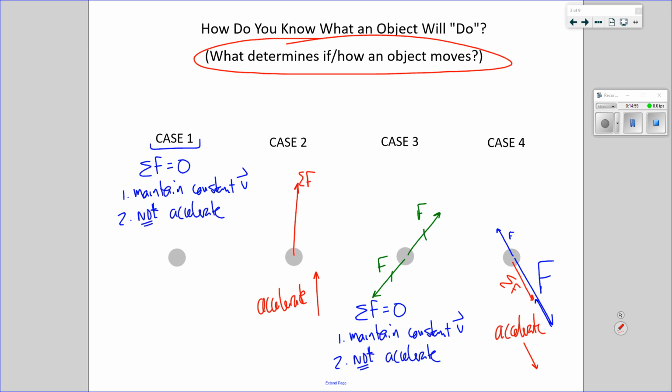If net force is 0, acceleration is 0. If net force is not 0, then acceleration is not 0. And furthermore, acceleration and net force are always in the same direction. Newton's second law gets into the equation for acceleration, the quantitative nature of acceleration, and what factors affect it and in what way. So we'll get there soon.